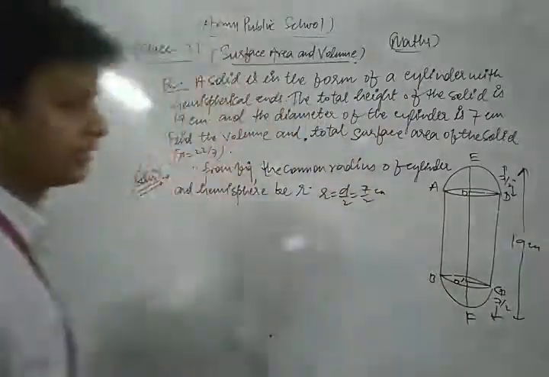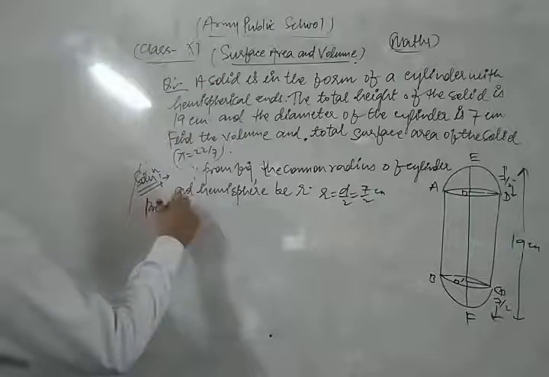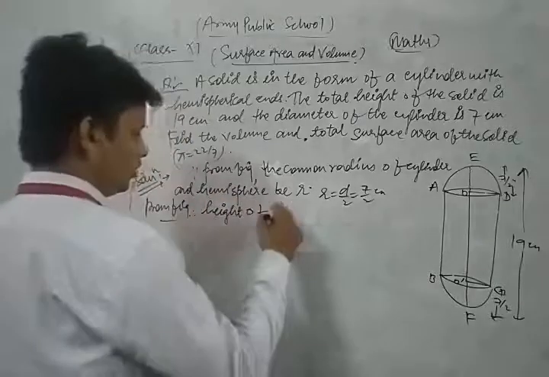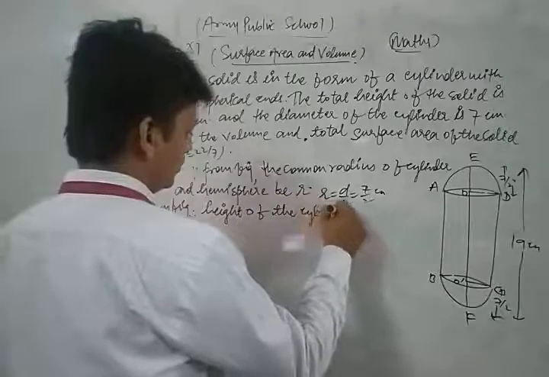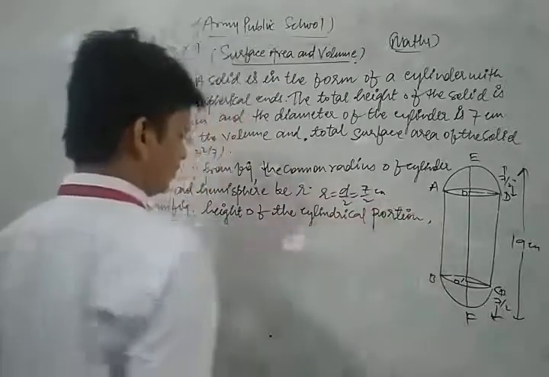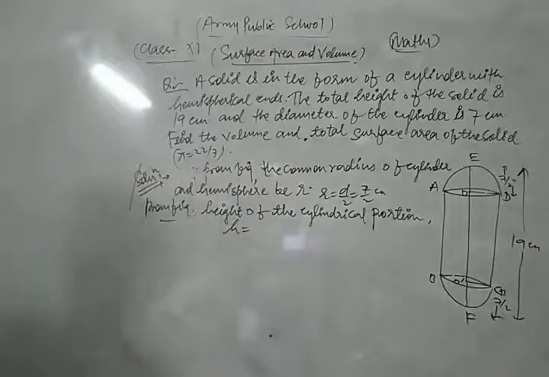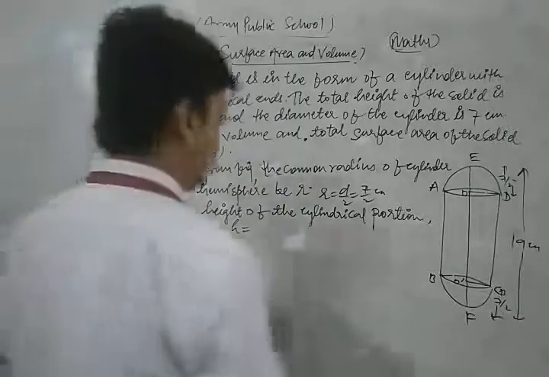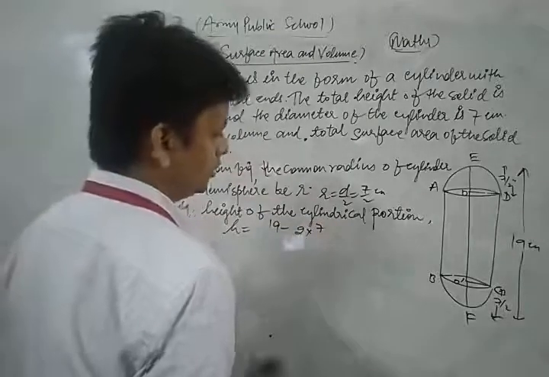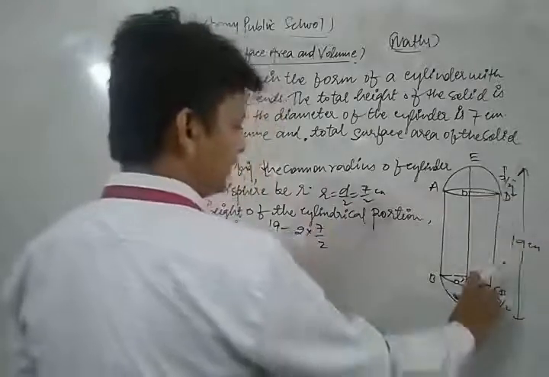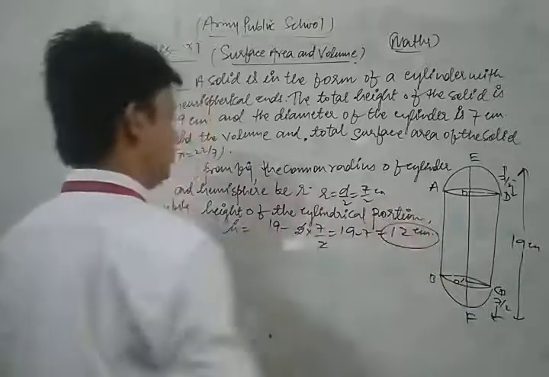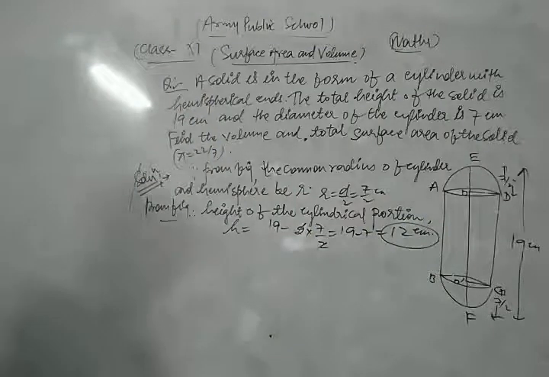Let's see from the figure. The height of the cylindrical portion h is equal to 19 minus 2 into 7 by 2, because we subtract these two heights. The 2s cancel each other, so 19 minus 7 is 12 centimeter.